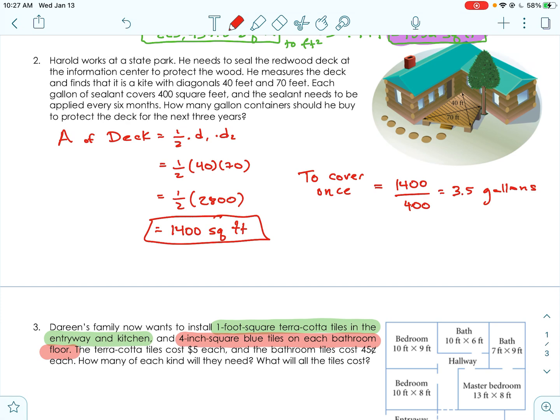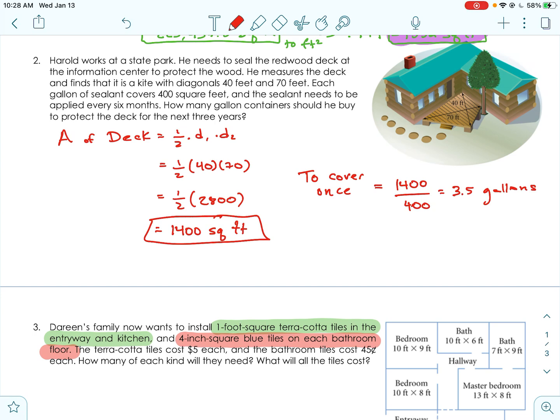Now, he wants to buy enough sealant to do this deck for the next 3 years. So it says that the sealant lasts for 6 months.